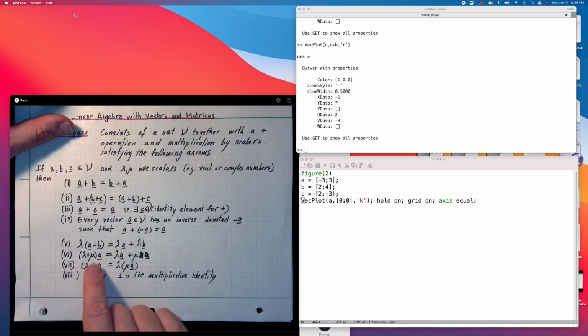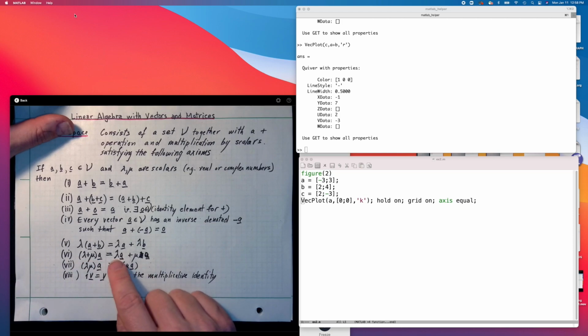There's also a distributive law that goes the other way, in which you can add two scalars and then multiply by a. So if you first add the scalars and multiply by a, it's the same thing as multiplying a by the scalar lambda and multiplying a again by the scalar mu and adding the two together. This is true, you get the same results.